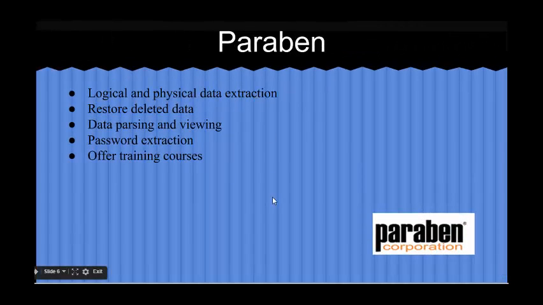Parabon, again, offers logical and physical data extraction, the restoration of deleted data, data parsing and viewing, password extraction. They also offer training courses. Their biggest difference is that they offer SIM card seizure. They can get the data off of a SIM card. In their training, they have 2 different levels, again, one for practitioners and the other for anybody really studying the field of mobile forensics.